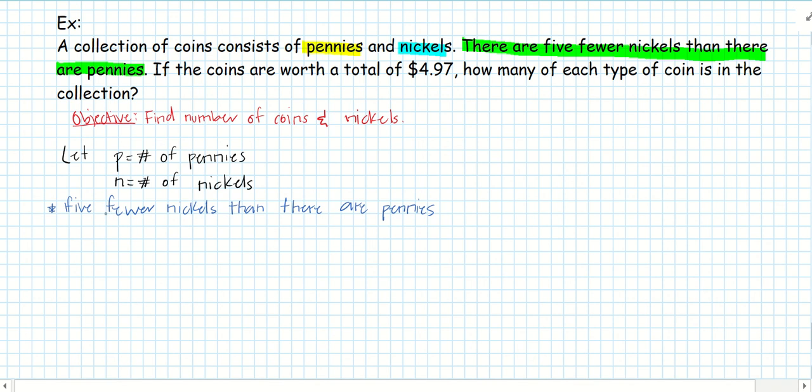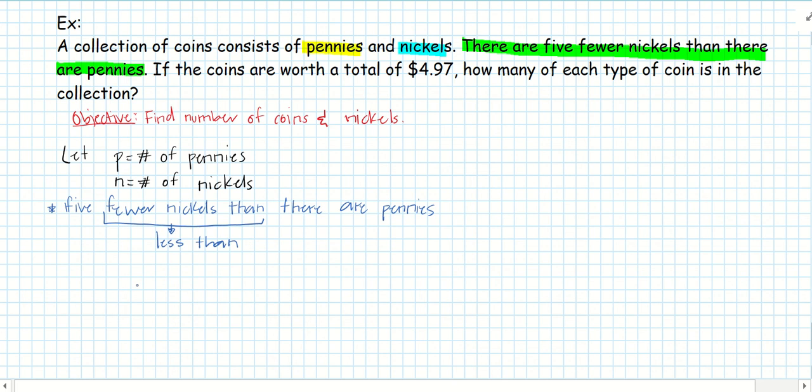Fewer than, right? That means less than, in other words. So there are 5 nickels less than the number of pennies.